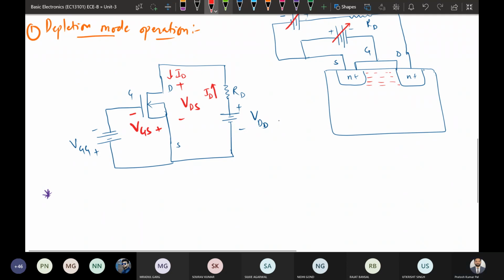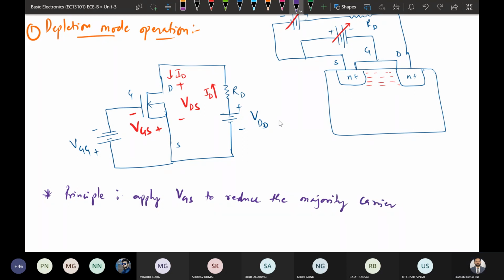So the basic operating principle is to apply VGS to reduce the majority carriers of the channel.